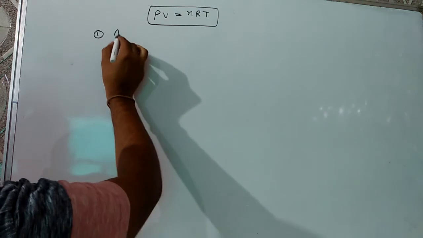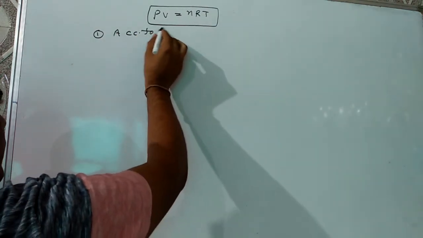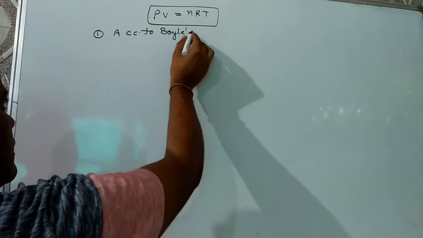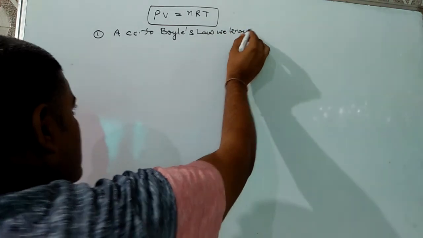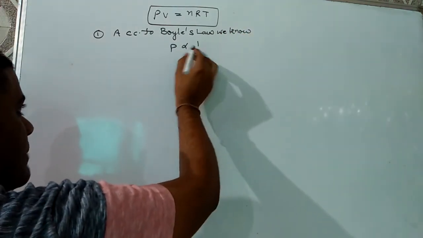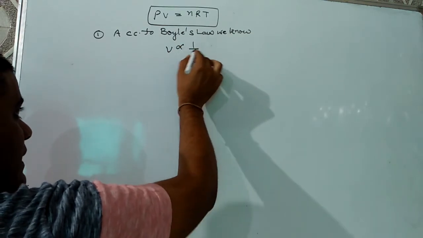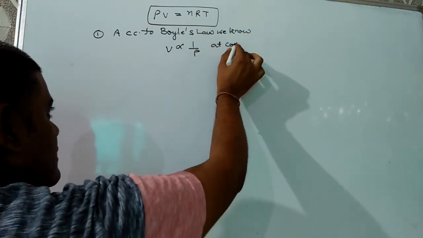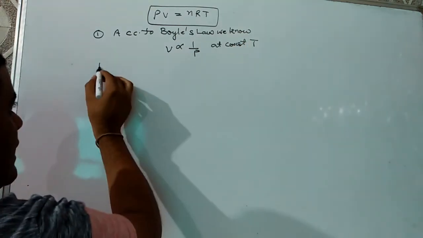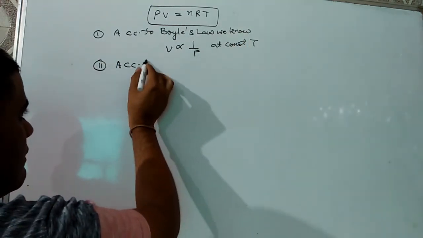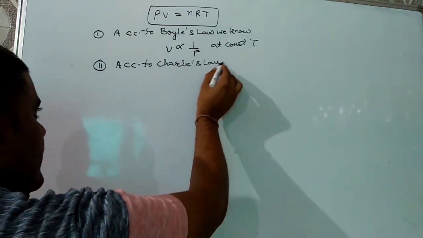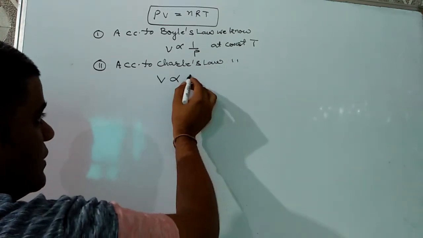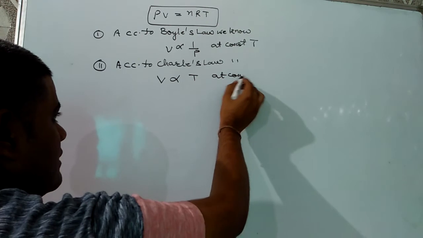To derive it, first we write according to Boyle's law, V is directly proportional to 1 by P at constant temperature. Similarly, according to Charles' law, V is directly proportional to T at constant pressure.